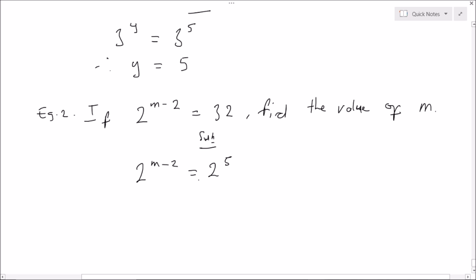Both left hand side and right hand side have base 2. So hence we write that m minus 2 is equal to 5. And we simplify to find m. We add positive 2 to both sides. Thus we have m is equal to 5 plus 2. m is equal to 7.